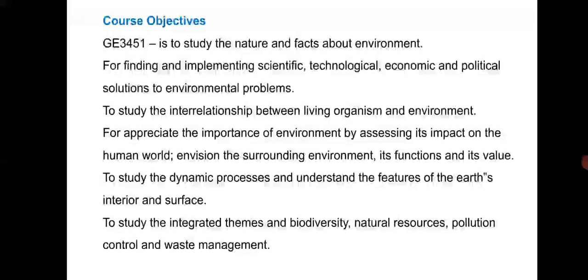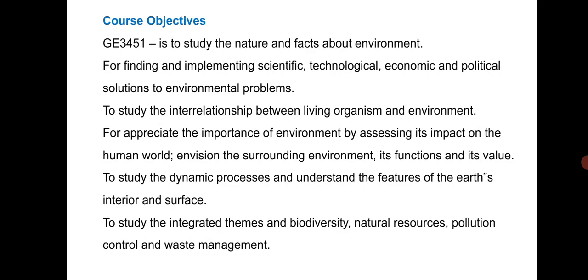The main course objective of this GE3451 Environmental Sciences and Sustainability course is to study the nature and facts about the environment, in order to reduce environmental problems, to find and implement scientific, technological, economic and political solutions, and to maintain an interrelationship between living organisms and the environment.